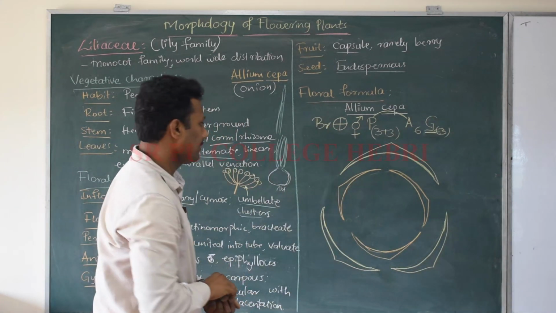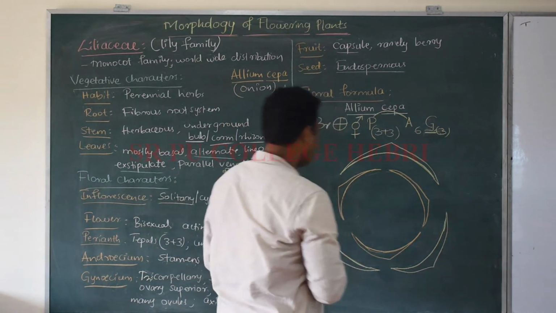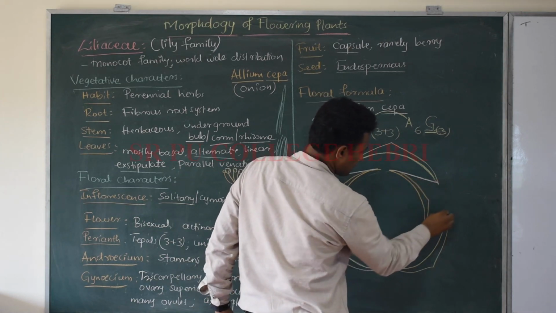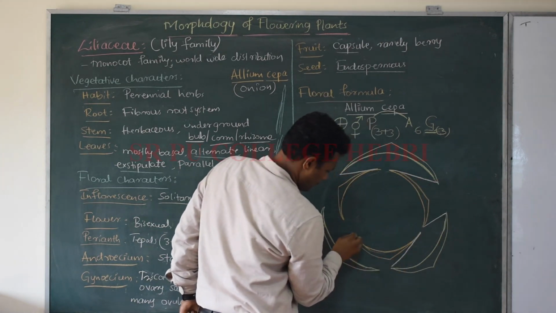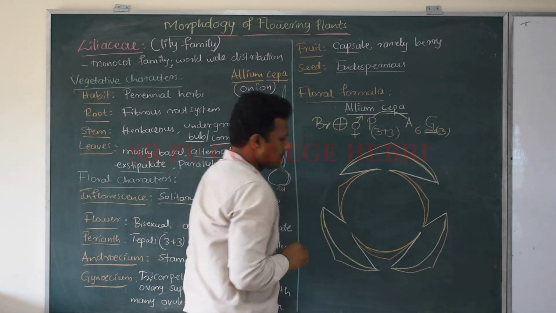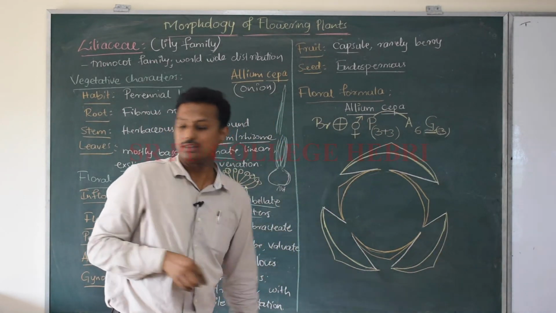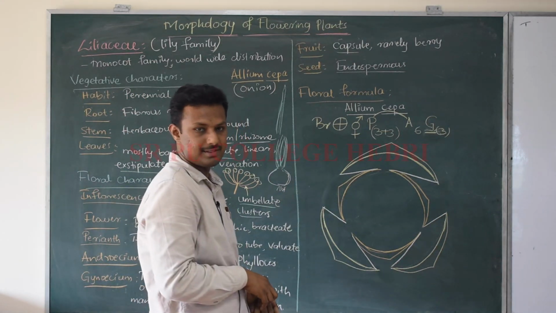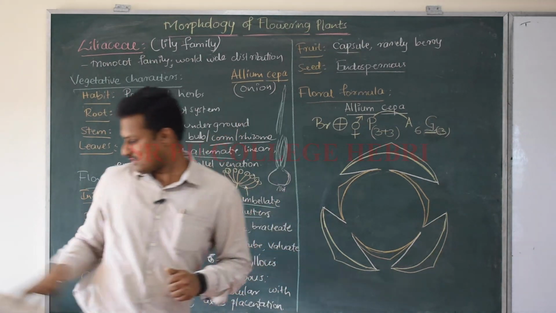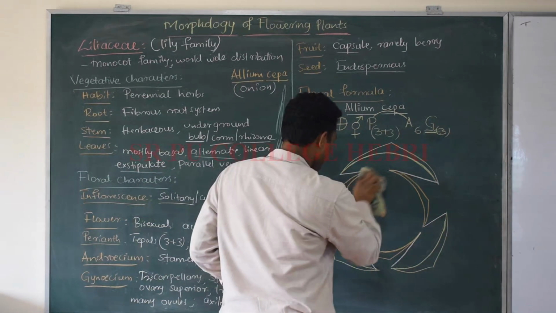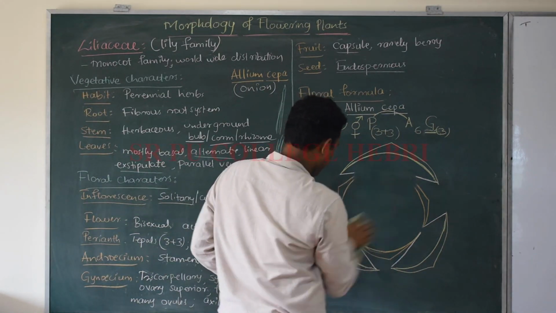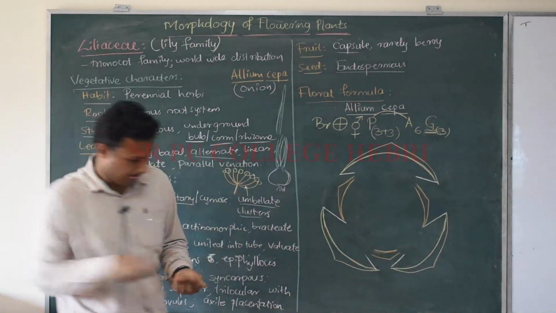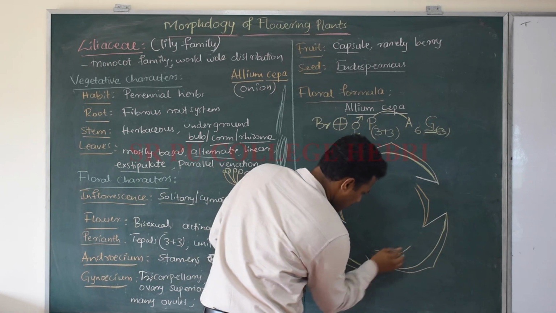And then to show the attachment, you need to draw lines like this. So this shows the arrangement of the sepals and petals joined together to form the tepals. Okay, so you can make it a little smaller so that it looks appropriate. The length is too much otherwise.